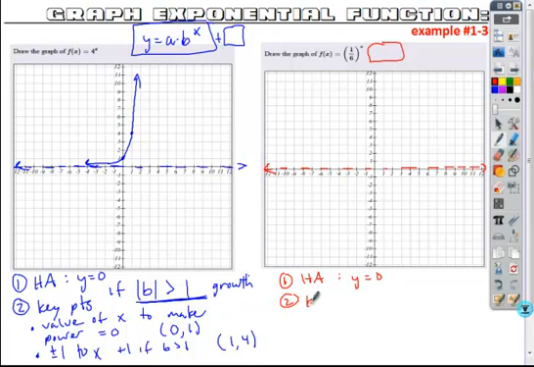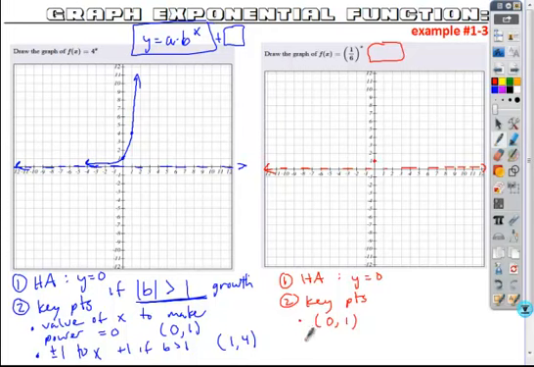And then we're going to find our 2 key points. The first key point that we identify, again, is the value of x that makes your power equal to 0. So what value of x gives you a power of 0 here? 0. And then anything to the power of 0 has a value of 1. So again, we plot that point.